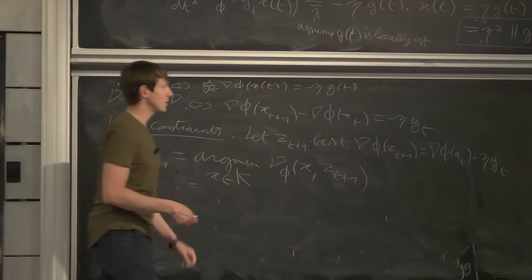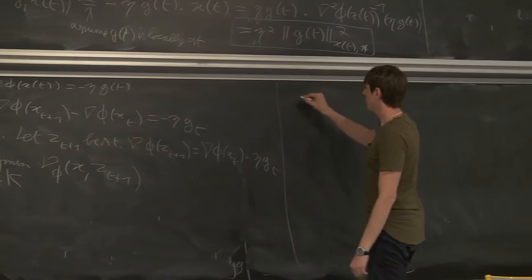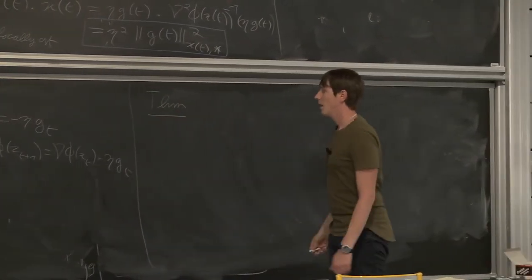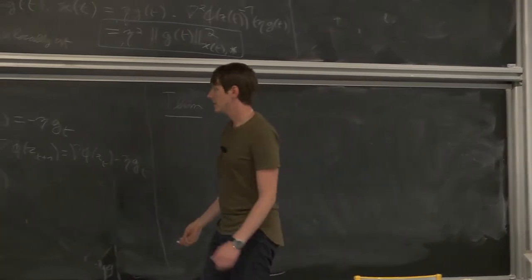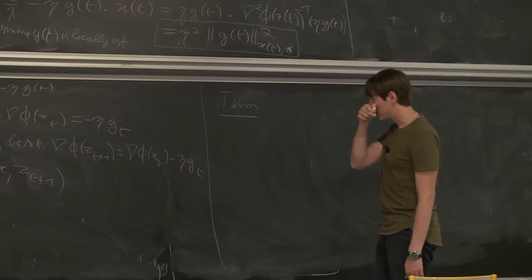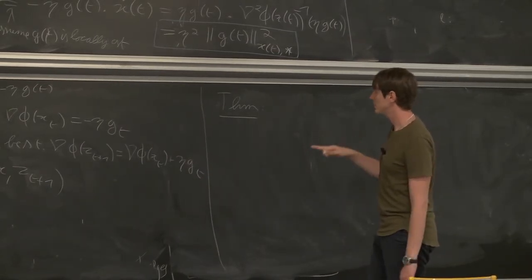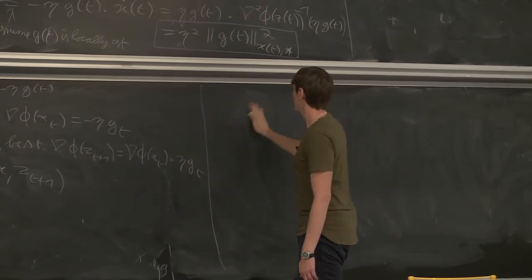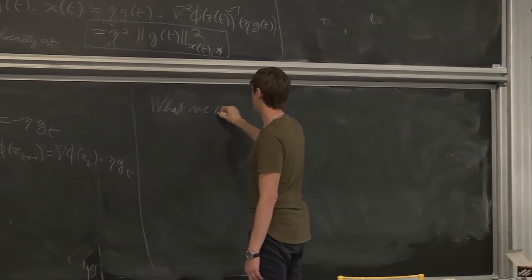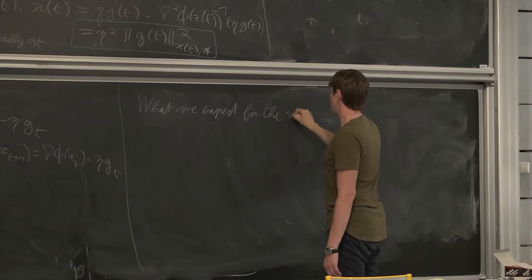So the theorem that we're going to prove, and I think it will take probably the rest of this hour, is going to be like this. Let me just think if I want to give you some intuition. Maybe before I write the theorem, what do we expect for the regret? What is the regret?